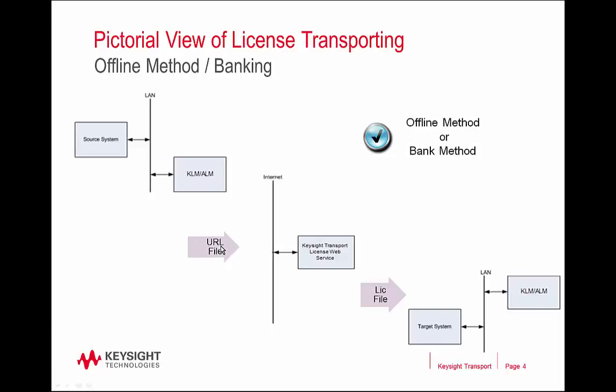We then unplugged that USB memory stick and plugged it into my desktop computer where I had internet service, and double-clicked on the URLs. While in the transport web service, we assigned them to the target system's host ID within that web page. At the end of the steps within that page, it outputted license files, which we then returned back to the USB memory stick.